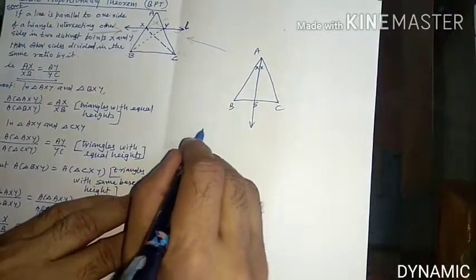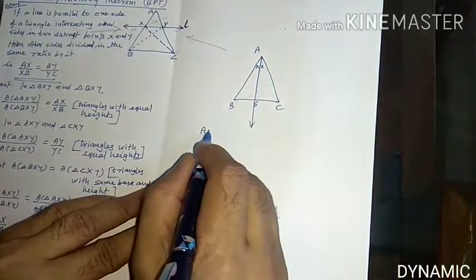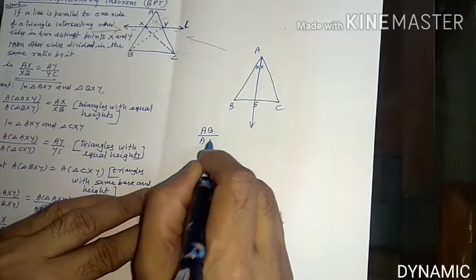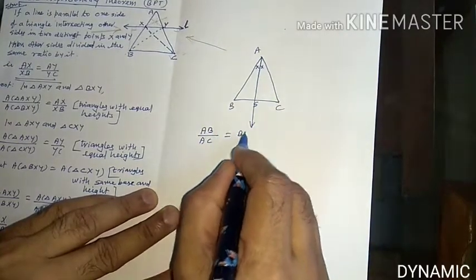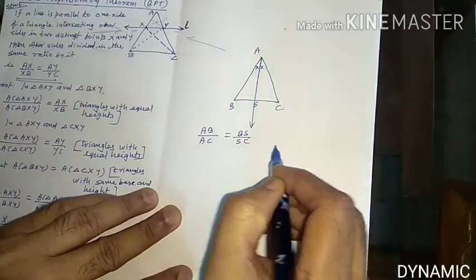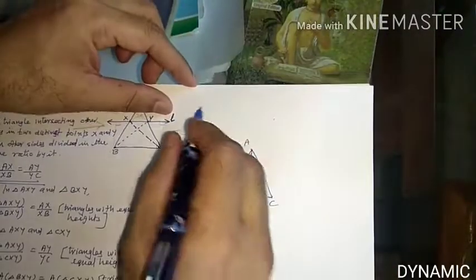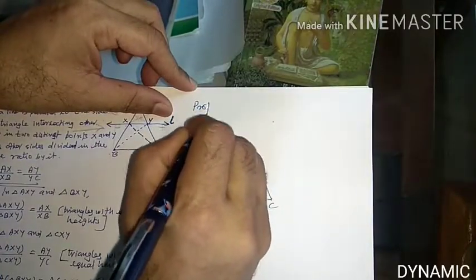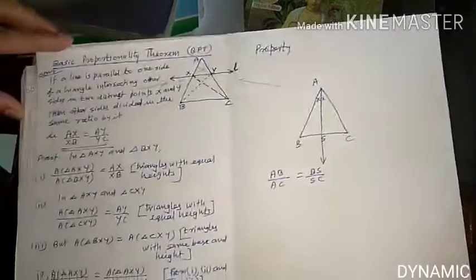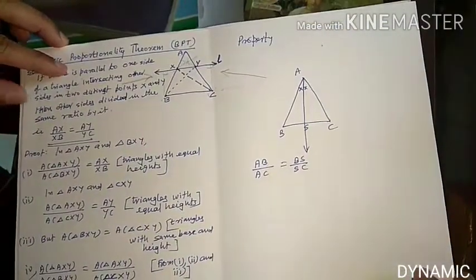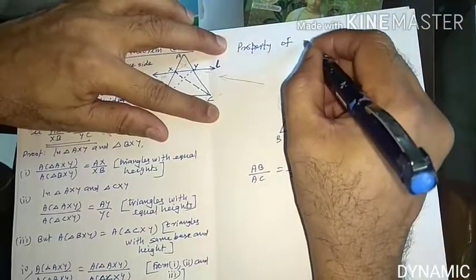Then what we have to prove is AB upon AC equal to BS upon SC. This is the property of the angle bisector.